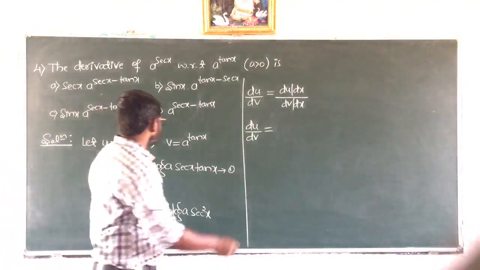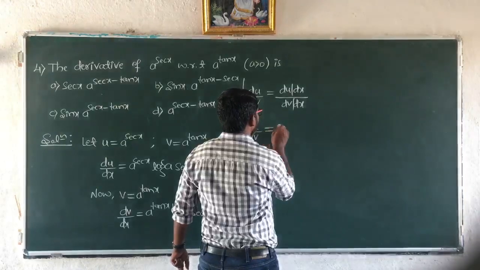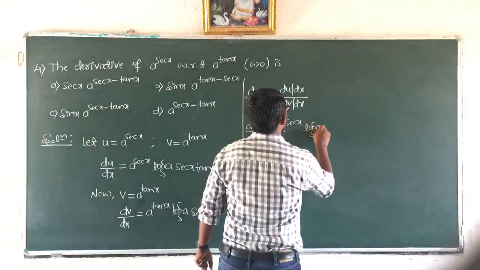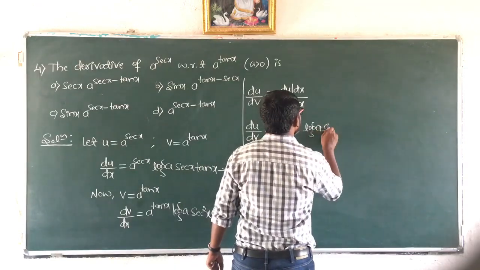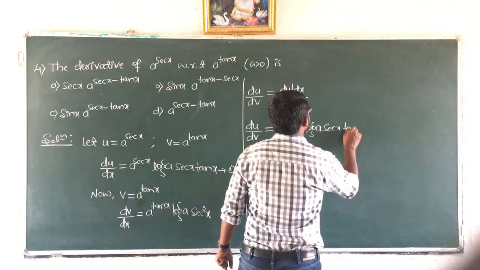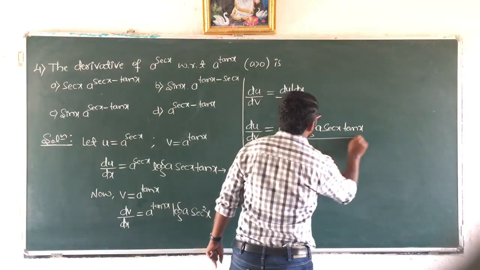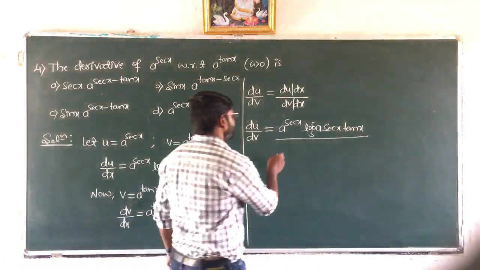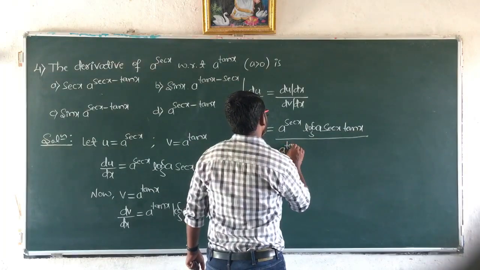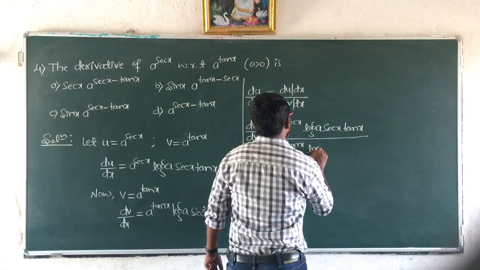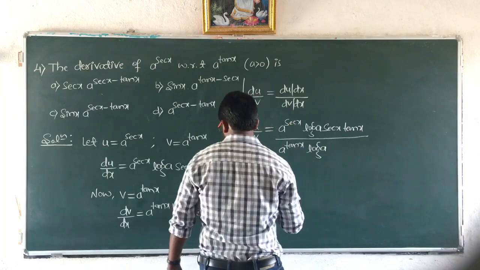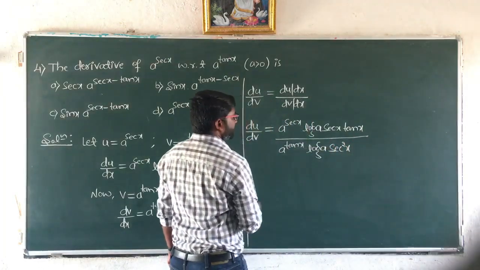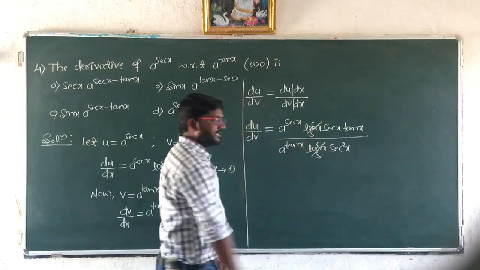It is a raised to secant x into log a into secant x into tan x, then whole divided by dv by dx, a raised to tan x into log a into secant square x. So see here, log a and log a get cancelled.